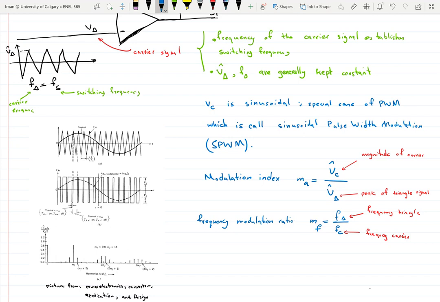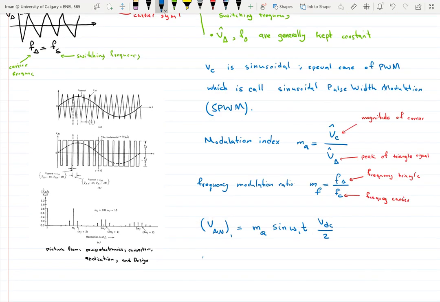Okay, so from this, VAN, which is our output voltage, the fundamental frequency is equal to MA sine of omega 1t times VDC over 2, where this is VAN that we showed here, pulsating between VDC and minus VDC over 2, and this is actually its first harmonic or first component.